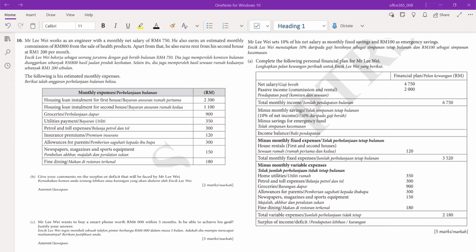Well done. Wow, Yicheng is done already. 10 marks question. Okay, let's see.